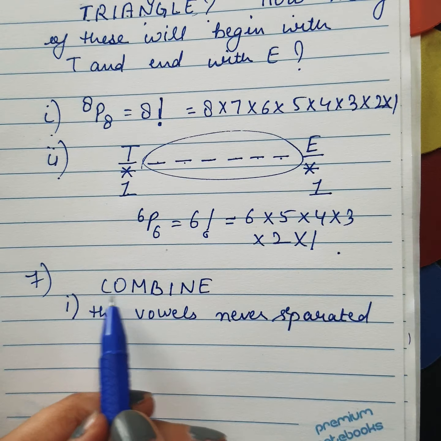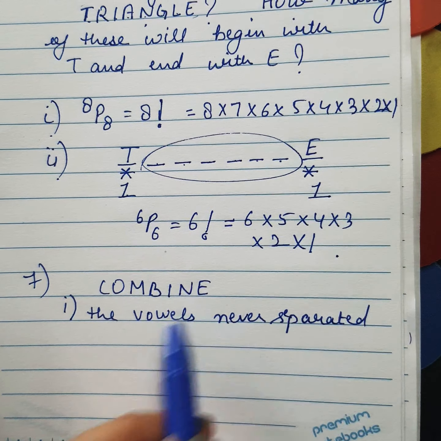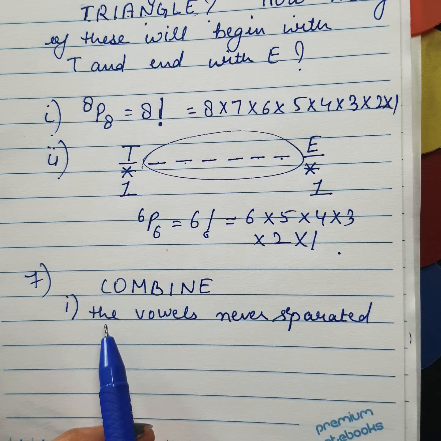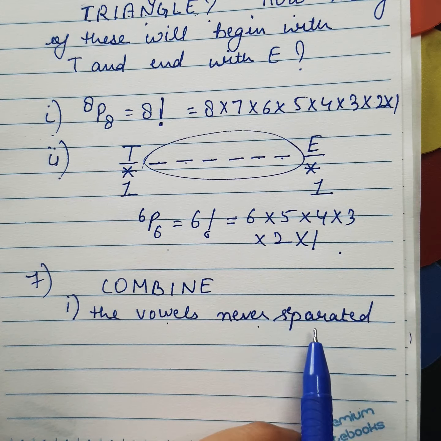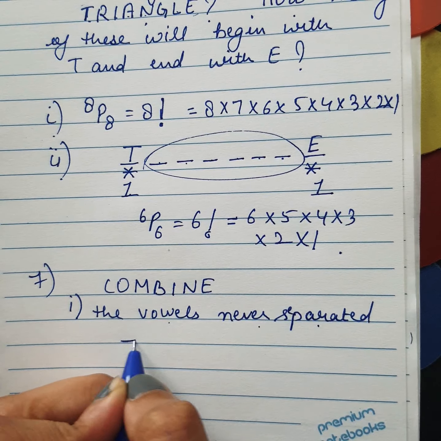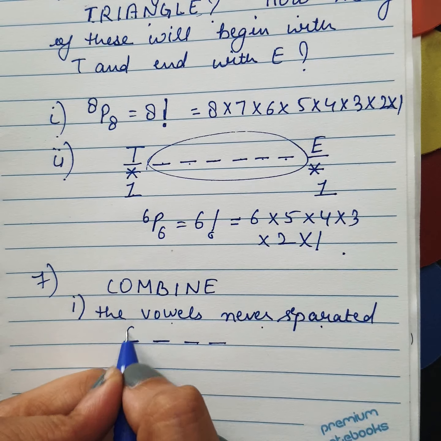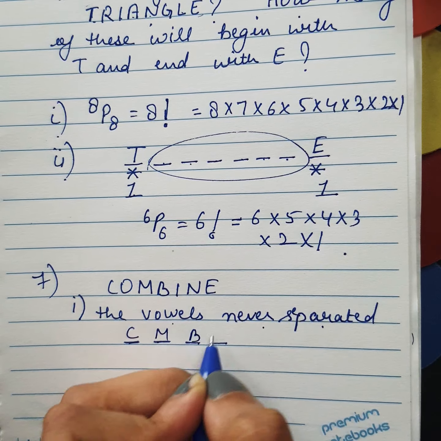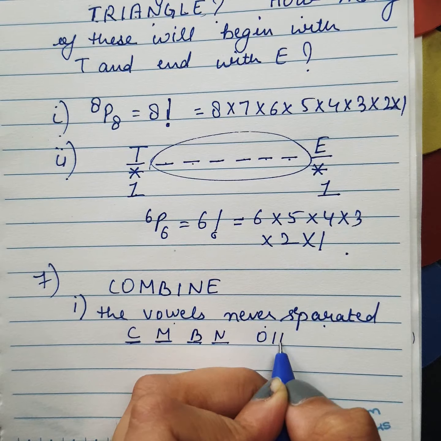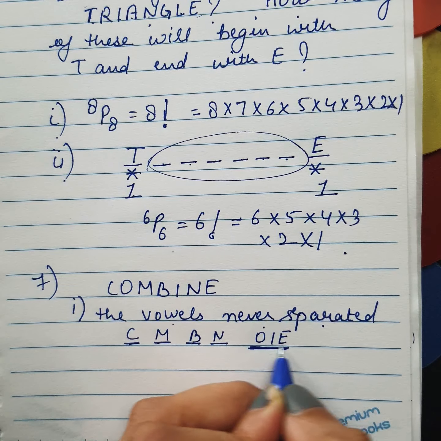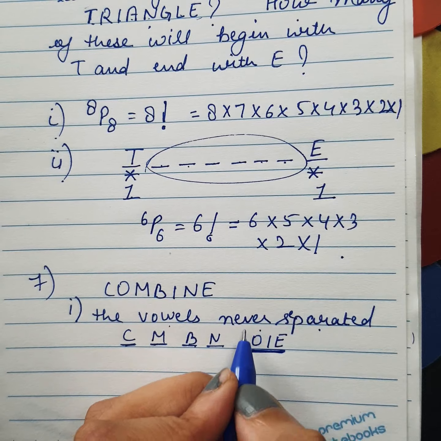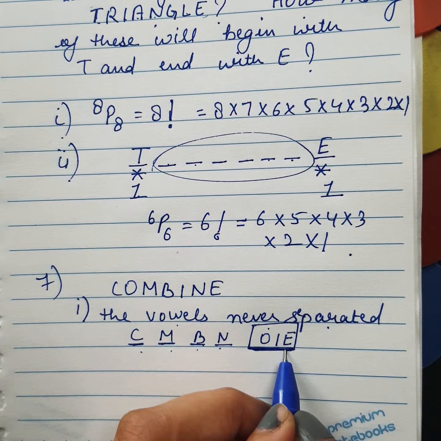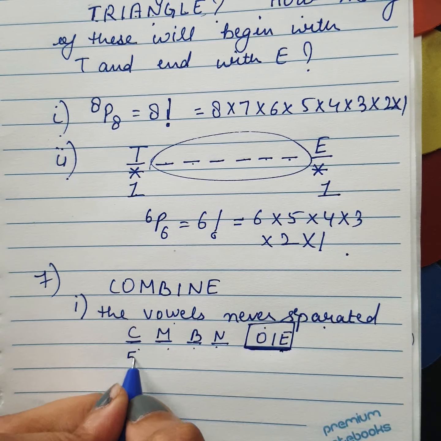One more question. The word is COMBINE. First they are asking, find the arrangements where the vowels are never separated. That means we will first separate the consonants C, M, B, N. Then O, I and E are vowels. Since they are never separated, we will assume that they are a single letter. So in total I have 5 places to be filled, which will be filled in 5P5.